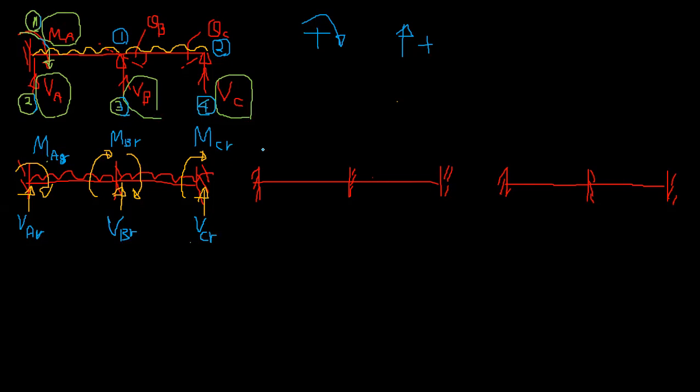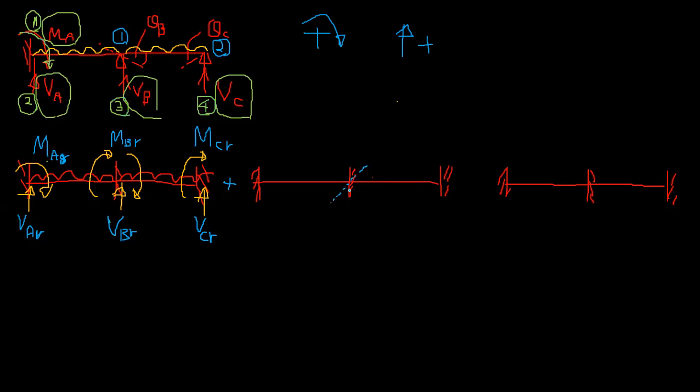So we remove the displacement, we bring it to 0. Now you should give it back one at a time. So I'm giving theta b first. I will give a unit theta, that means theta is equal to 1. So I'm giving clockwise rotation.